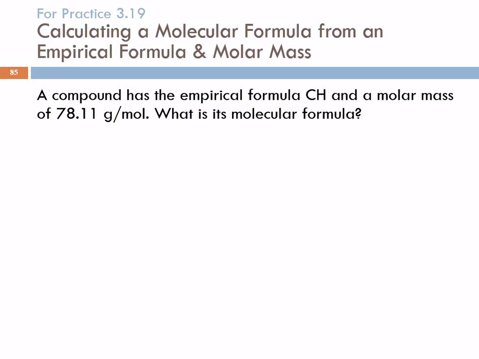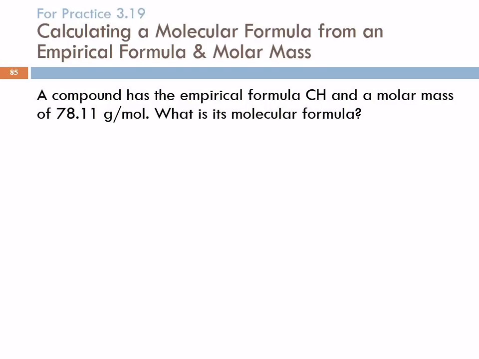Compound has the empirical formula CH and a molar mass of 78.11 grams per mole. What is the molecular formula? We need to find out how much 1 mole of CH would weigh and divide it into the 78, to see how many times bigger the molecular formula is.